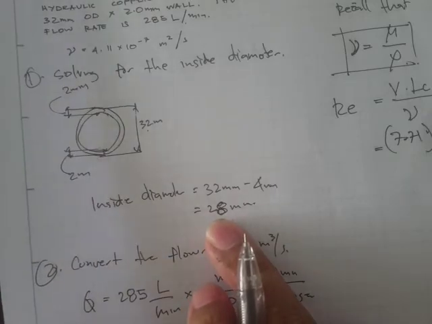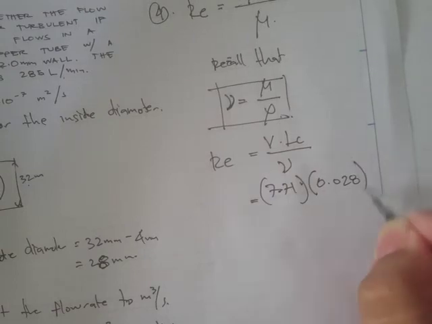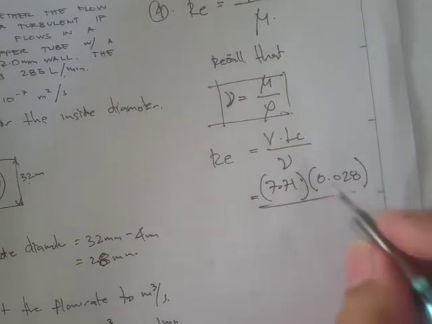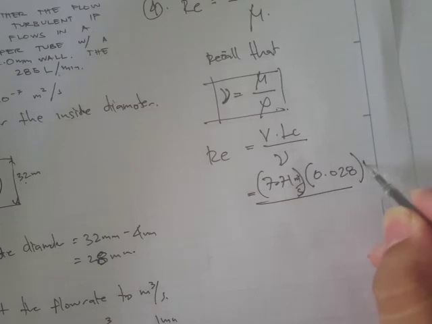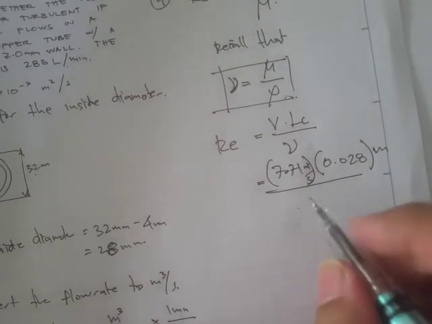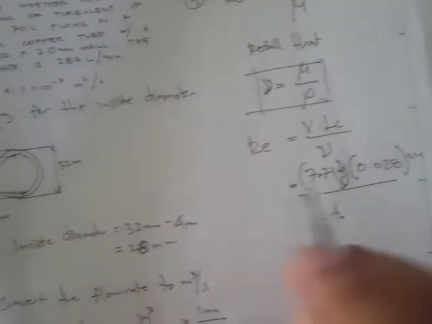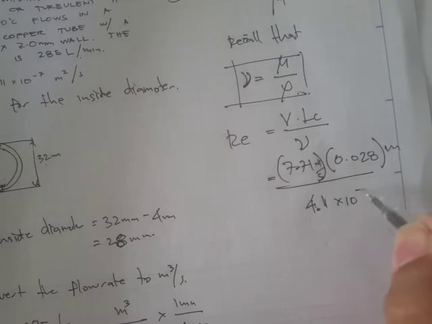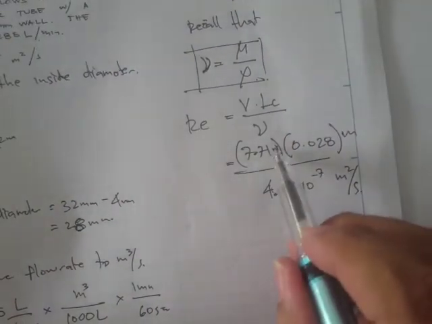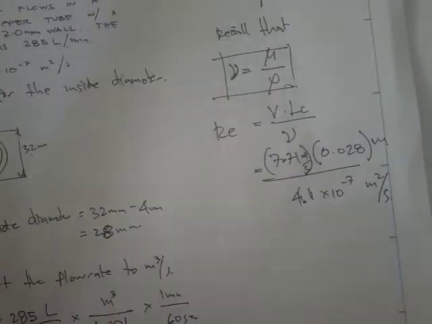Our characteristic length is simply the diameter itself, and that should be in meters, 0.028 meters. This is meters per second, this is meters, and our kinematic viscosity is 4.11 times 10 to the negative 7 meters squared per second. If you check the units, we have meters per second times meter, that's meters squared, so that cancels out.